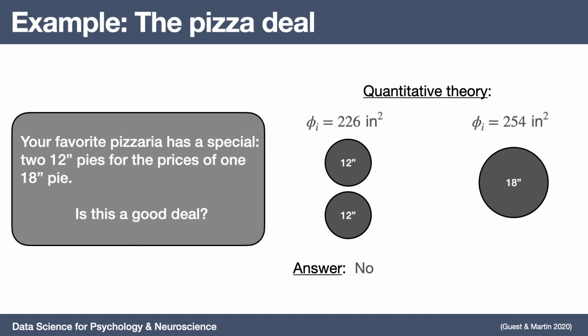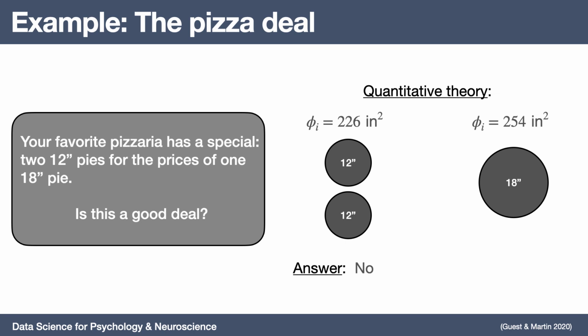The difference between the quantitative theory and the informal theory is that the quantitative theory specified an operationalized definition of what the value and quantity of food is, and specified a decision criterion for how to make your selection. The informal theory relied on heuristics. And as you can see, those heuristics in this case led to the wrong or incorrect decision.